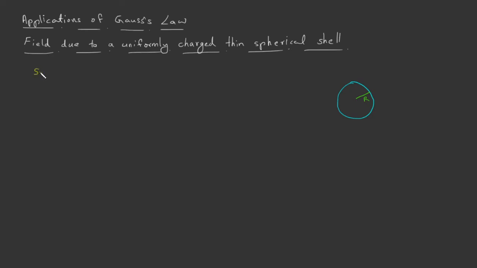So, the surface charge density of this thin spherical shell is equal to sigma. The center is O, and it is clear that this situation has spherical symmetry.